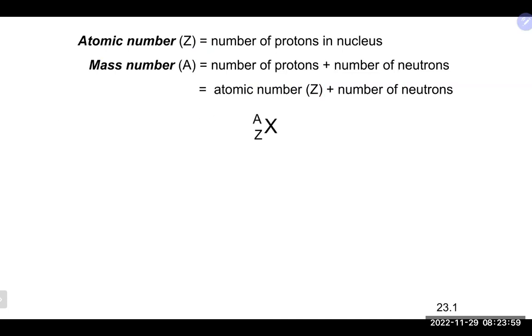As we just saw, our atomic number is the number of protons. The mass number is the number of protons plus the neutrons. If you take the mass number minus the atomic number, that gives you the number of neutrons. Can you find both of those numbers on the periodic table? No, the only number you can find on the periodic table is the atomic number, which is the number above the symbol.